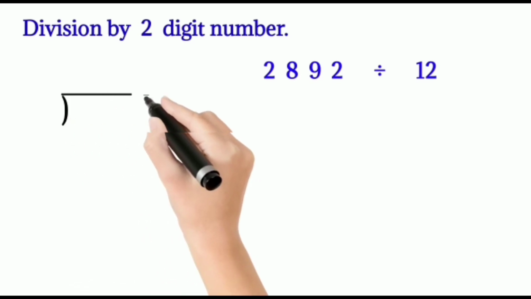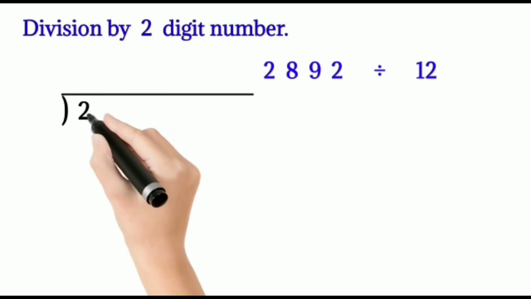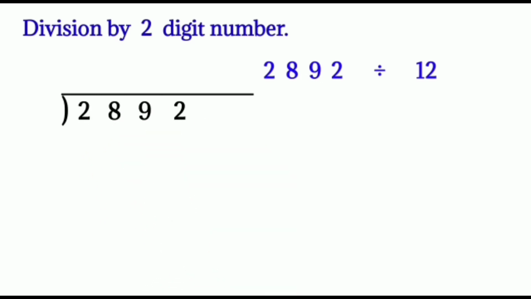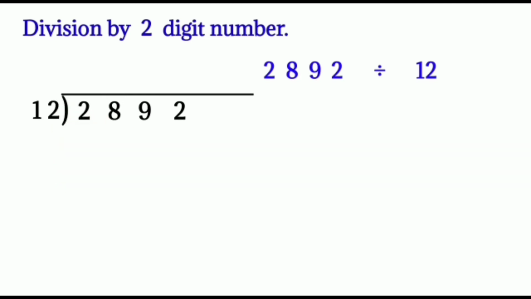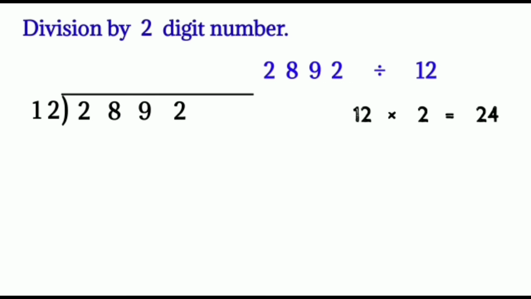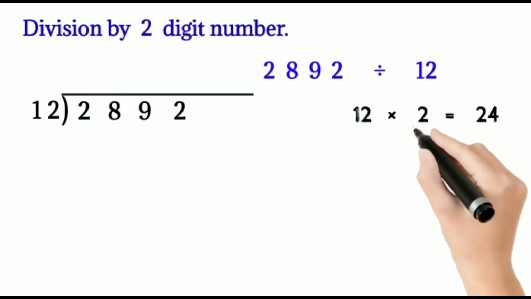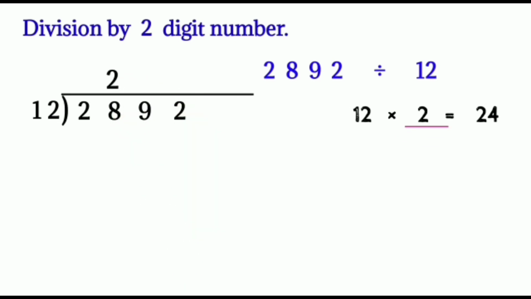Divisor is 12, that is 2 digits. Since the divisor is 2 digits, take the first 2 digits of the dividend, that is 28. How many 12s can we take from 28? 12 2s are 24. Then write 2 in the quotient and 24 below the 28 and subtract.